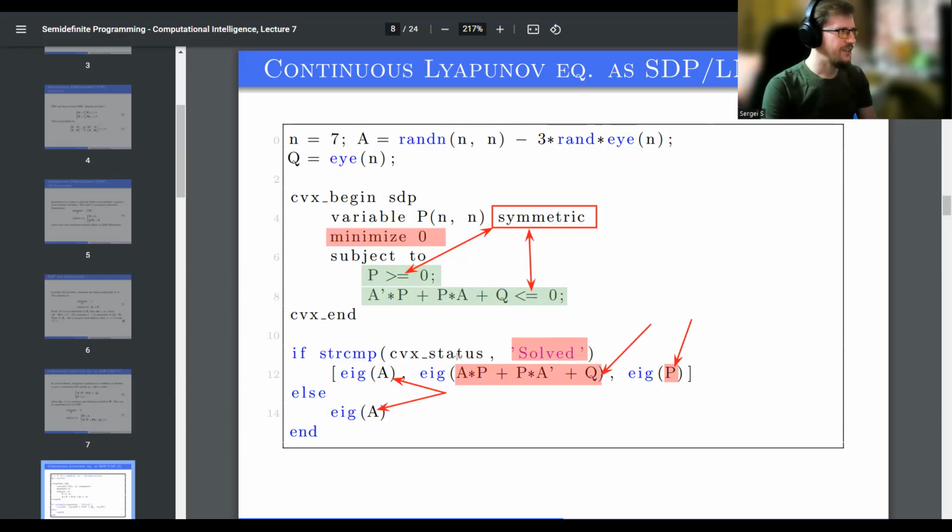By the way, can someone tell me in which case would the algorithm go towards this branch? What should be the properties of matrix A for the algorithm to go towards this branch?